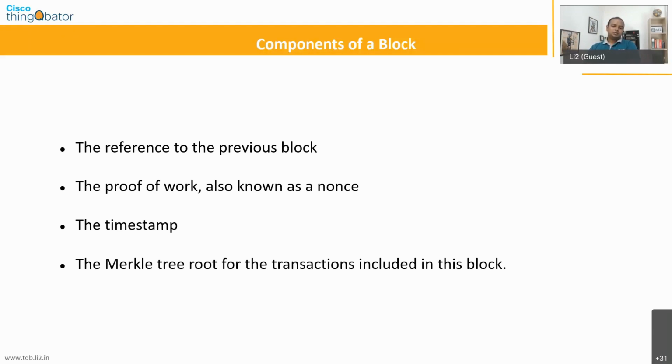And then the last important thing is the data that is stored in the block. The data or the transactions in a blockchain are stored with the help of a tree known as a Merkle tree. We'll discuss the Merkle tree in a while, and the reason why it is important in terms of immutability of data and efficiency of the network.